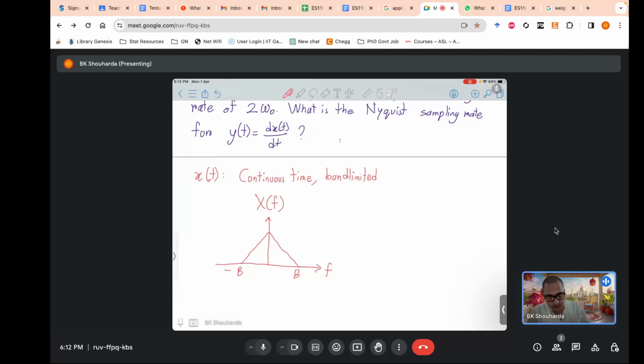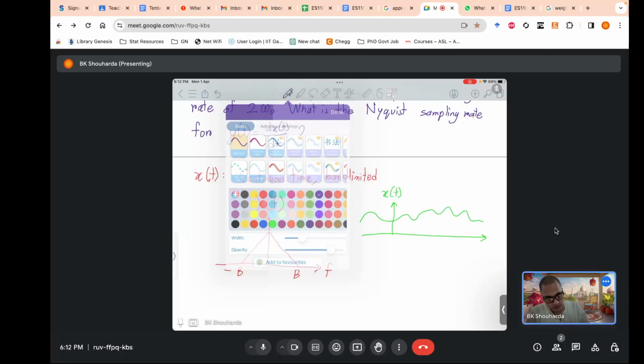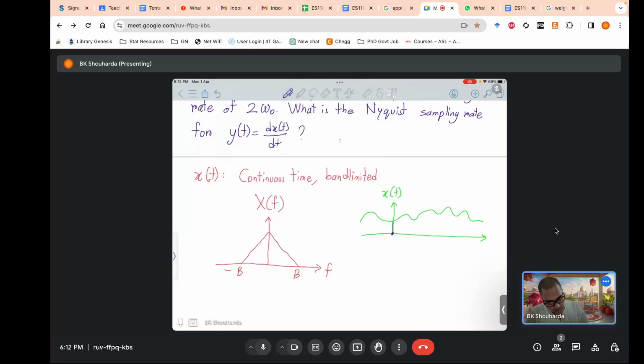So how does an impulse train sampling look like? Whenever you have a signal x(t), which let's say looks something like this, then we sample it at instances like this: 0, T, 2T, 3T, and so on, minus T, minus 2T, minus 3T, and so on.